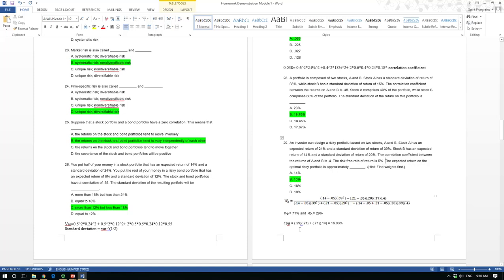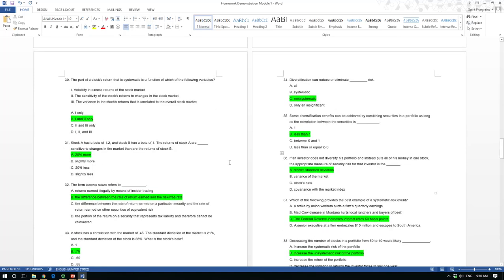The weight for stock A is 29%, and stock A has an expected rate of return of 21%. Stock B has a weight of 0.71, and stock B earns a return of 14%. So you do the weighted average to get the expected rate of return for this optimal risky portfolio, which is around 16%.